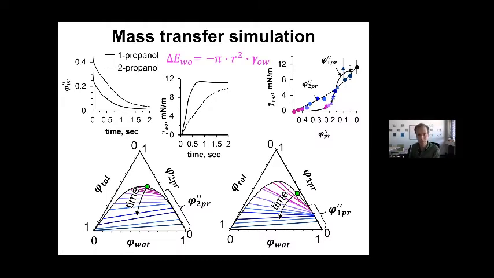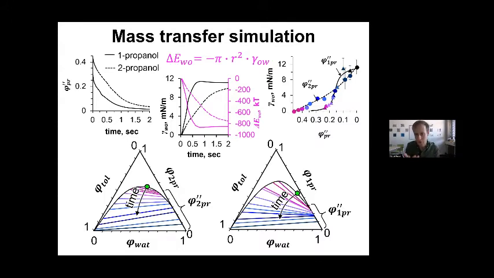And you remember the formula of the attachment energy for the particles. The higher the interfacial tension, the higher the attachment energy. So what that means, for 1-propanol, the attachment energy will reach about 1,000 kT within a few hundred milliseconds, while for 2-propanol, it takes seconds for it to reach several hundred or almost 1,000 kT.